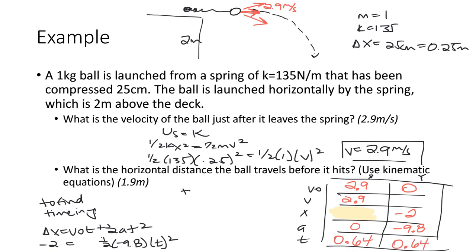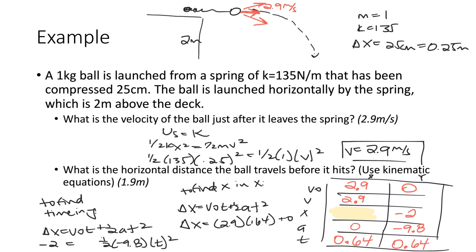I'm going to use that to find the horizontal distance in the x direction using the same equation. So we'll find that that equals 2.9 times 0.64 plus 0 to find a total change in position of 1.9 meters.